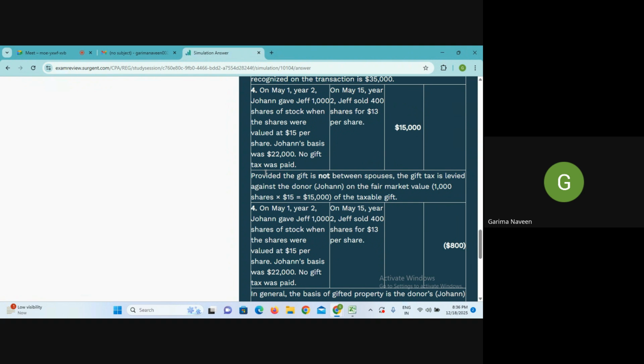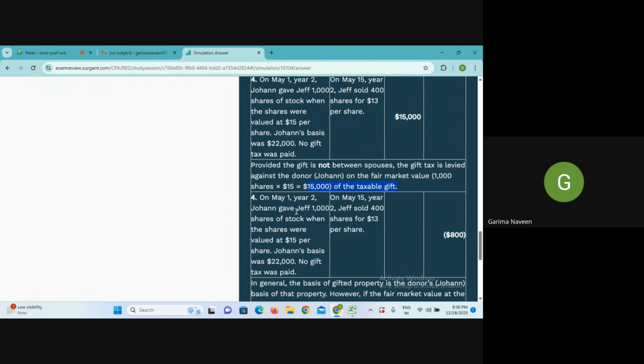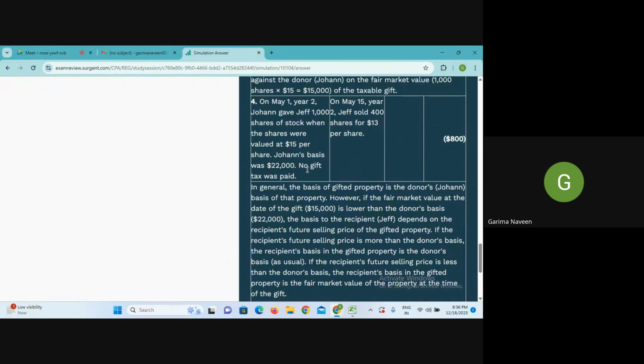So provided the gift is not between the spouses, the gift tax is levied against the donor. Okay, 15,000 of taxable gift. So in general, the basis of gift property is the donor's basis of property.